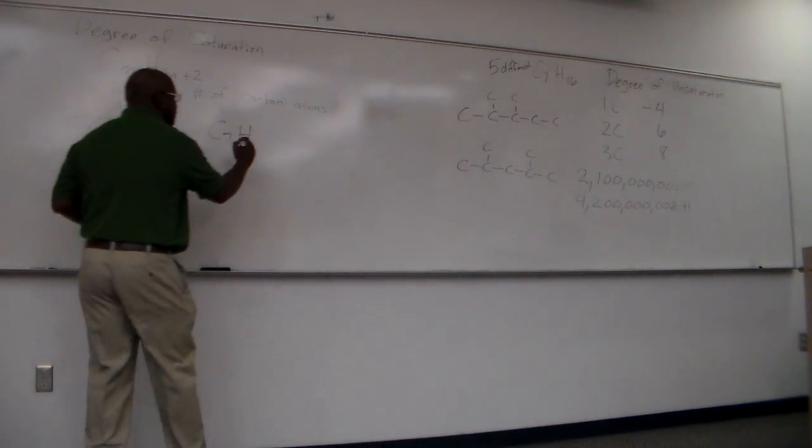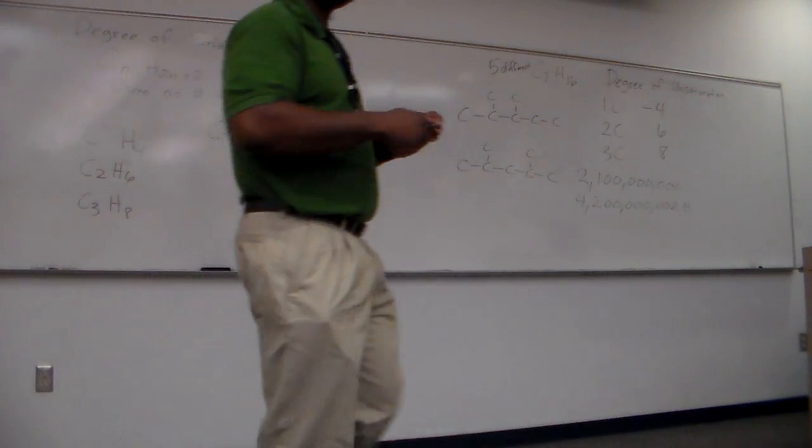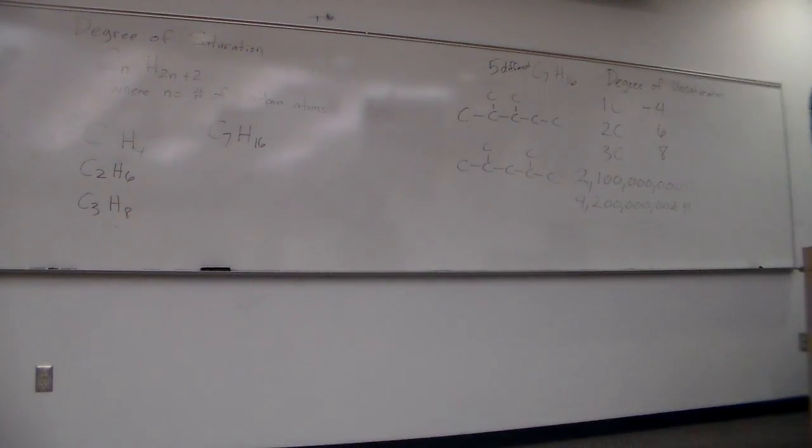I think that plus 2 comes from the ends of the chain, those 2 extra hydrogens on the outside. Basically, when you have a double bond, you end up losing hydrogens, and you get an additional carbon-carbon bond.